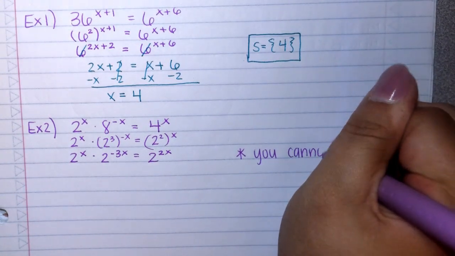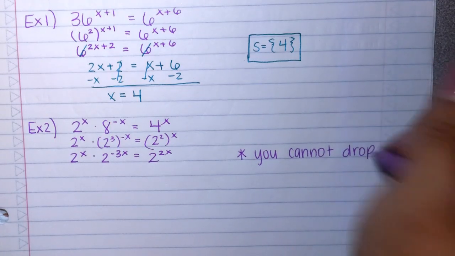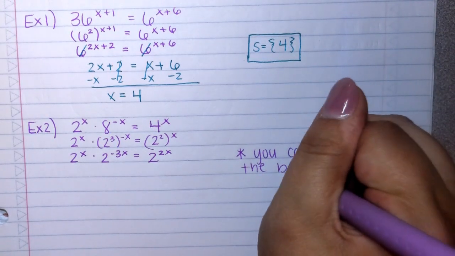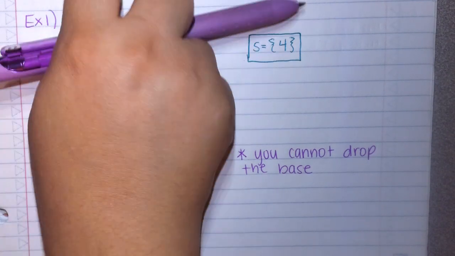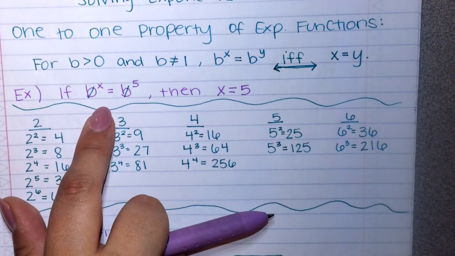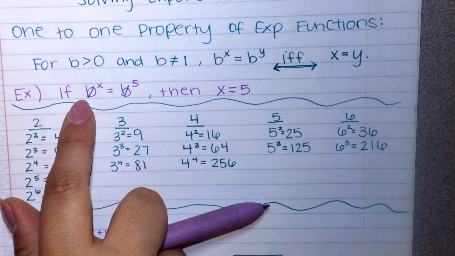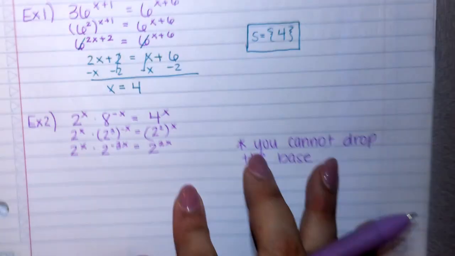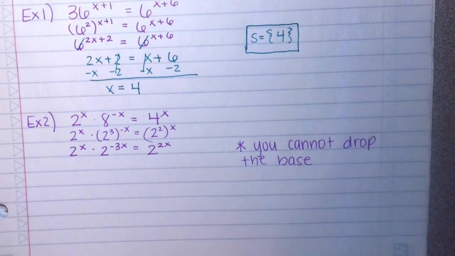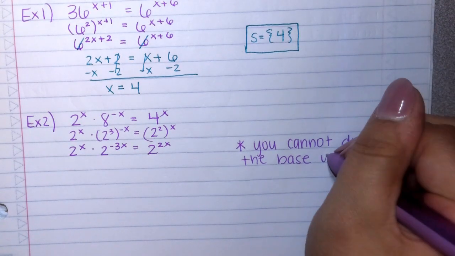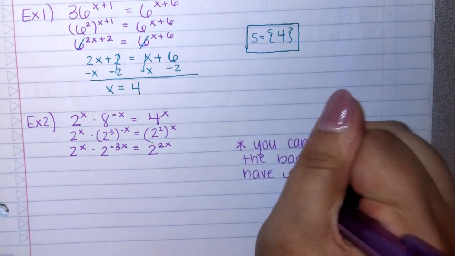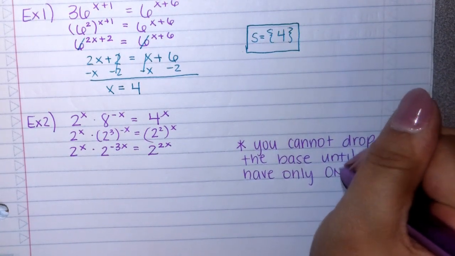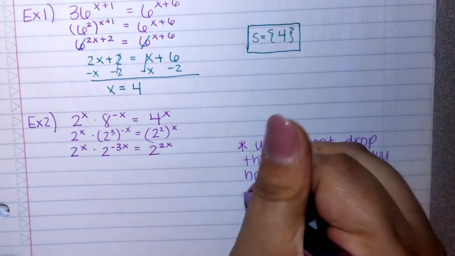You cannot drop the base. You cannot cancel out these 2's or this base yet. Why not? Because there's 2 2's up here. The one-to-one property states you have to have one base on each side. Do I have one base on each side? No. So you cannot drop the base until you have only one base on each side.